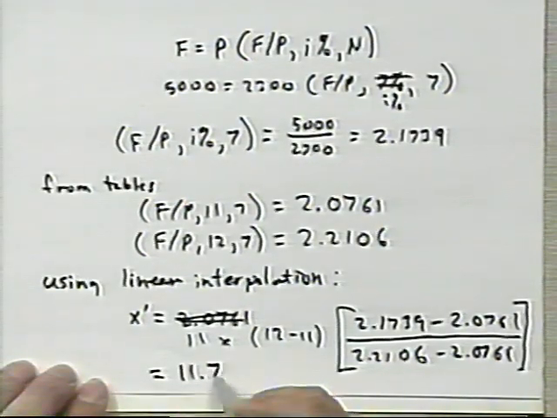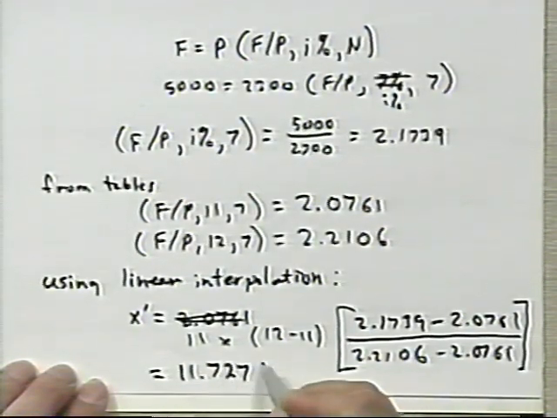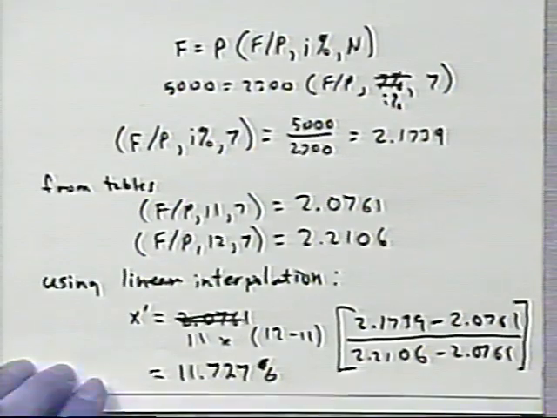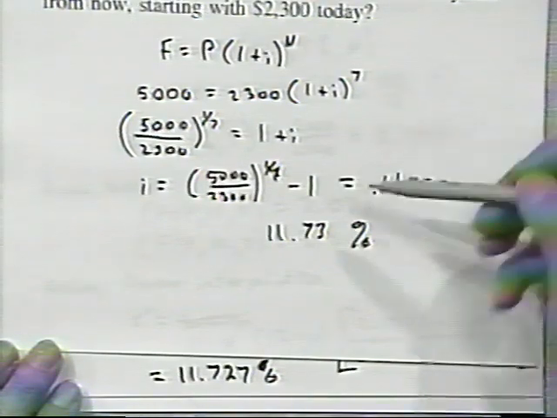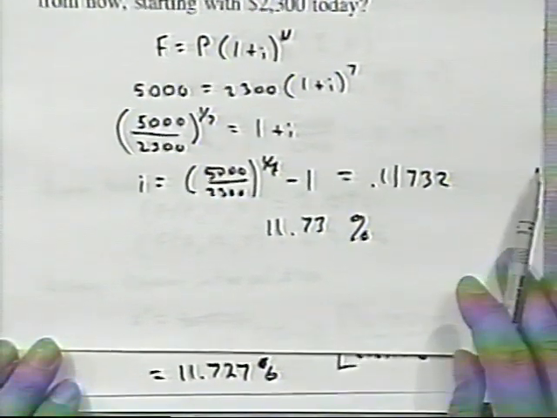If we work out this particular calculation, we end up with a value of 11.727%. Now, this value of 11.727% is slightly different from the value calculated from basic principles of 11.73%.